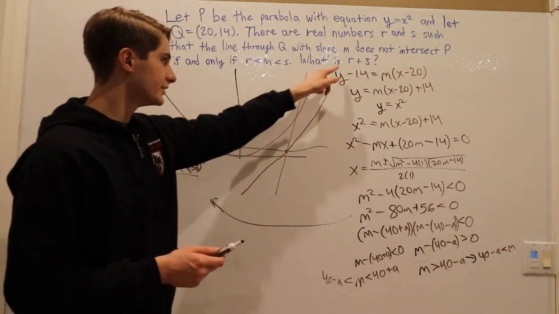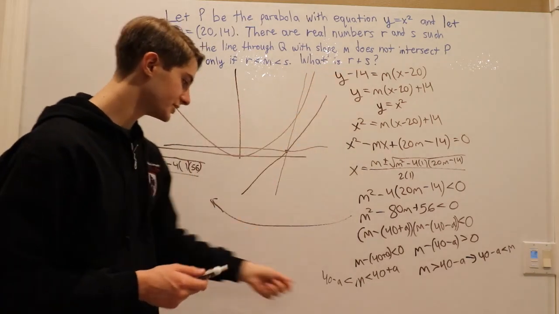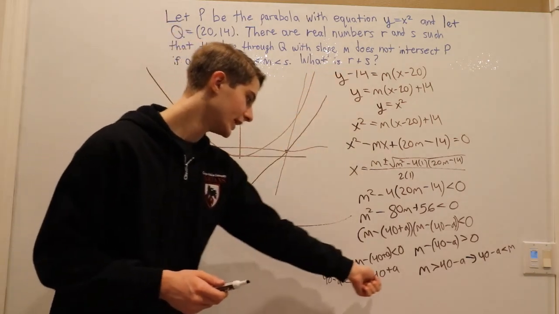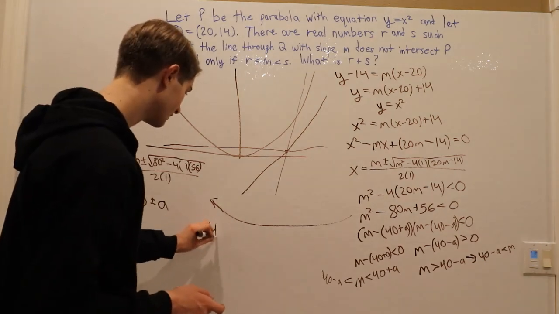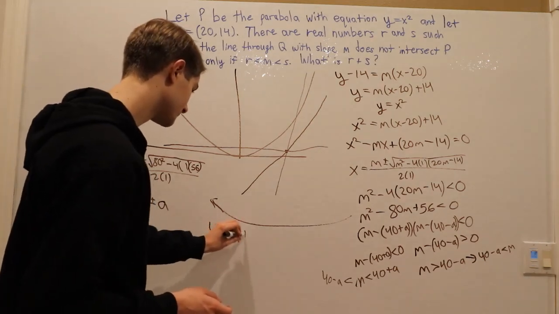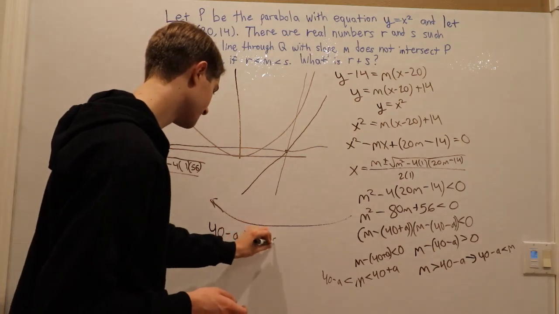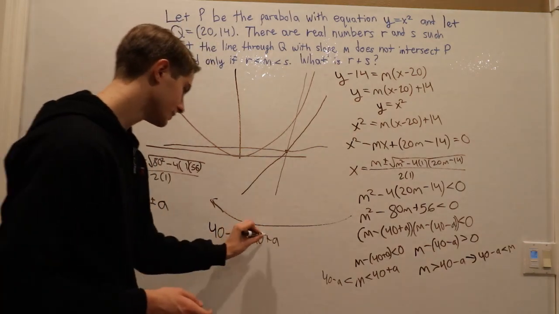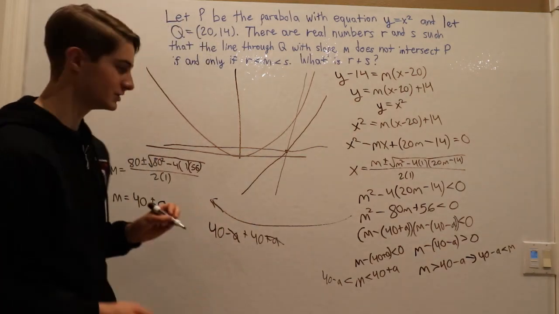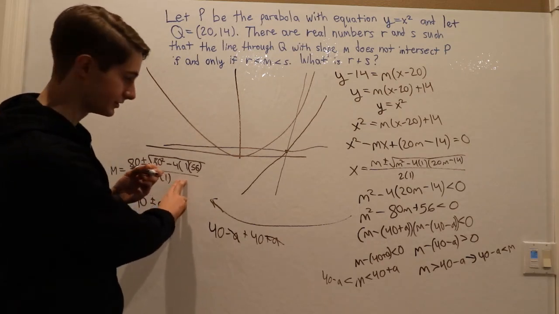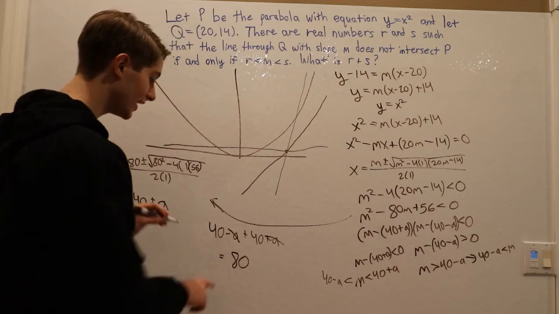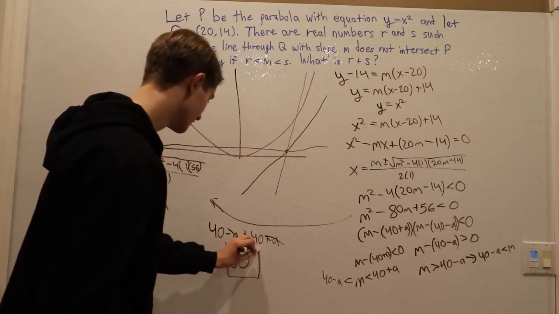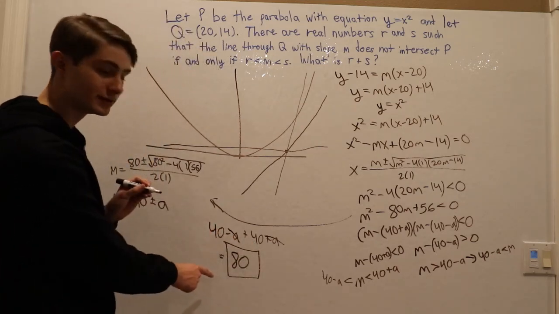So in order to find r plus s, we just have to take 40 minus a and add 40 plus a. So if we do that here, 40 minus a plus 40 plus a, the minus a and the plus a are going to cancel, which means we don't actually have to calculate this square root at all. And that just leaves us with 80. And that is r plus s. That is our solution.